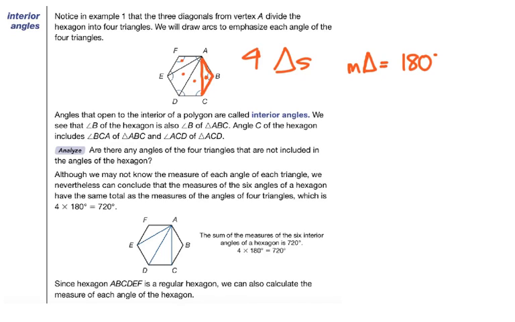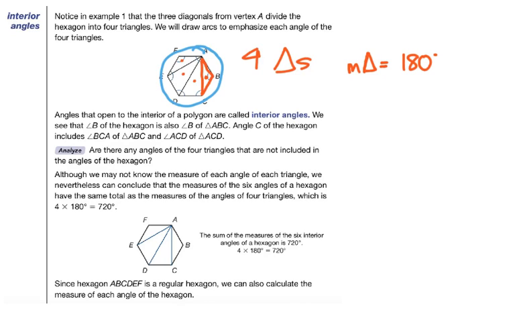So while I may not know the measure of my triangle angles, I can figure out the total of my angles of the entire hexagon.